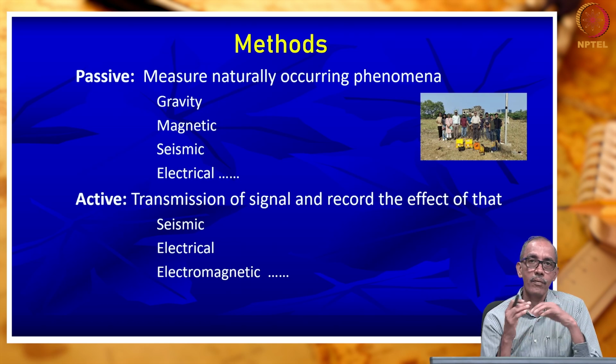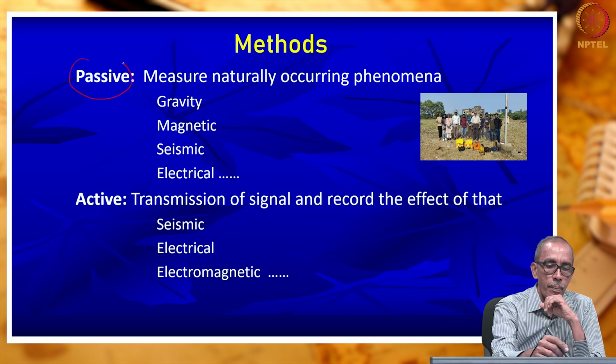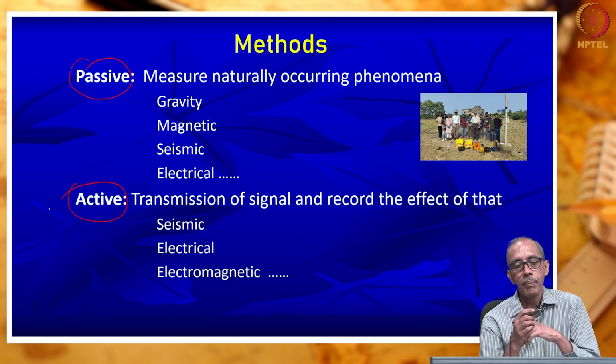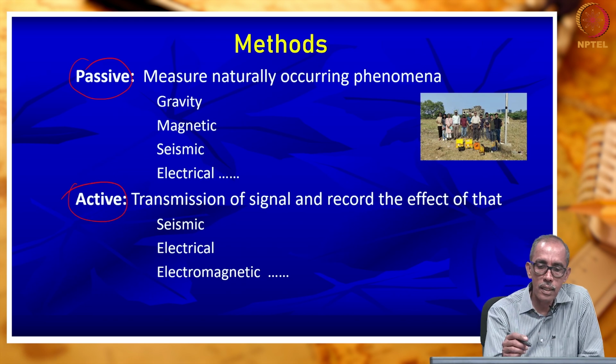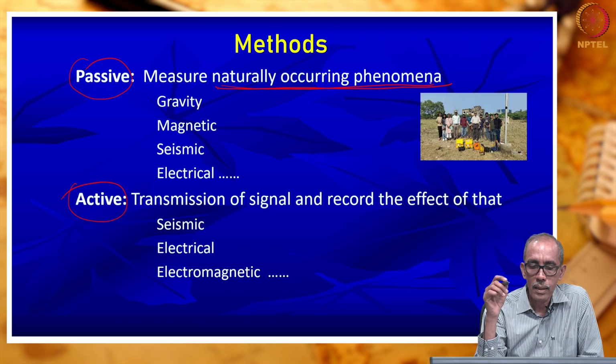In this page, we will have a look into the different broad and very important methods of understanding the subsurface. Very broadly, the methods can be classified as passive methods and active methods. What are passive methods? Passive methods measure naturally occurring phenomena beneath the surface of the earth.